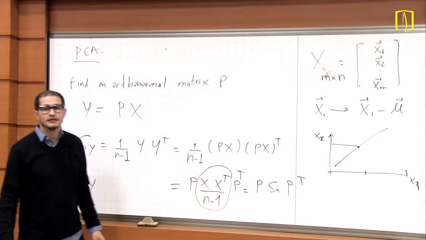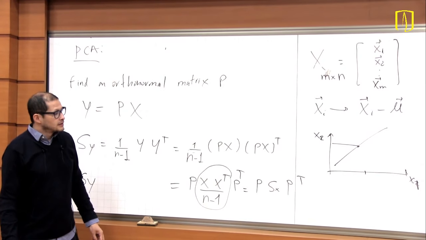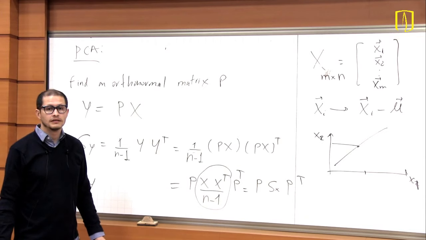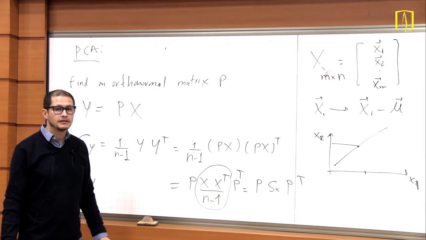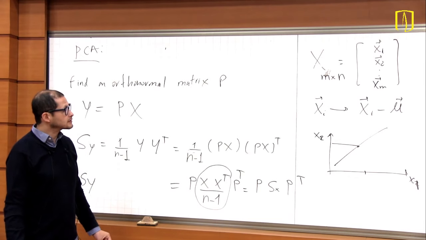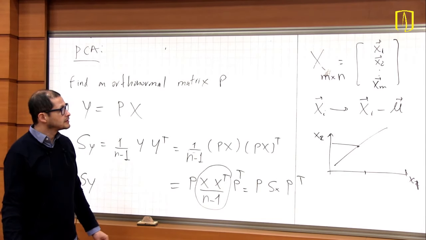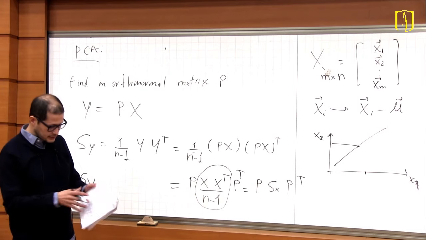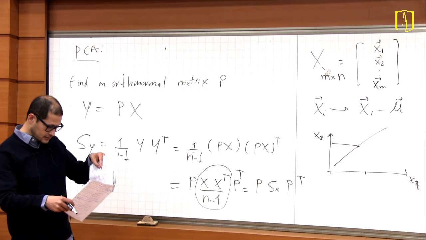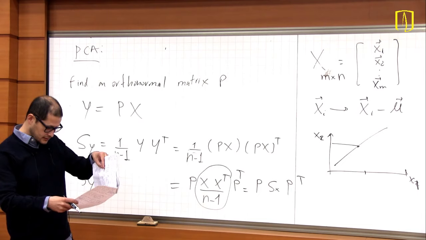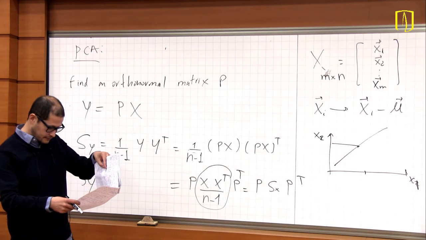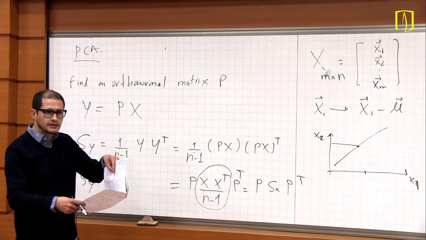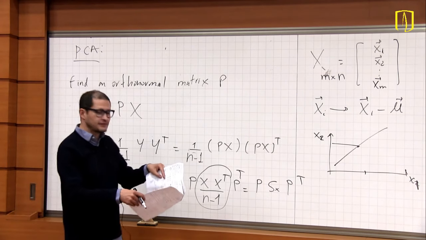I think that the covariance matrix of S_X is with respect to 1 over m. It's not n, because we start with m elements. As you said in the first example, it has n elements, and so far we should have m. We have a matrix with m elements, so it should replace n with m.